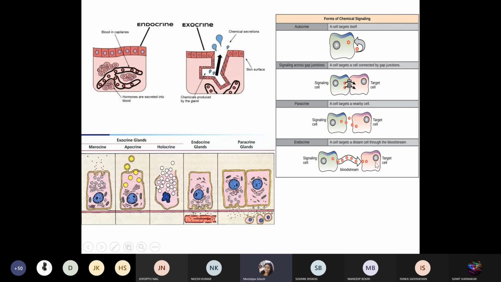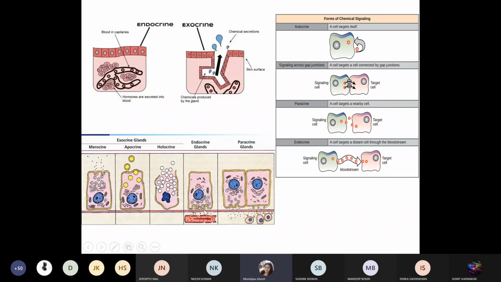Depending upon their secretion and delivery methodology, the endocrine glands look like this when they secrete. Can you see properly? They are secreting some chemicals, which get outside the cell, and these are the blood capillaries.